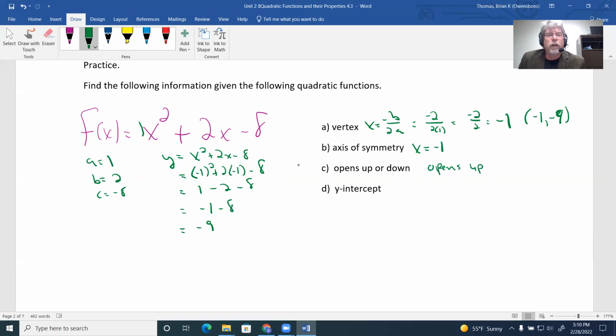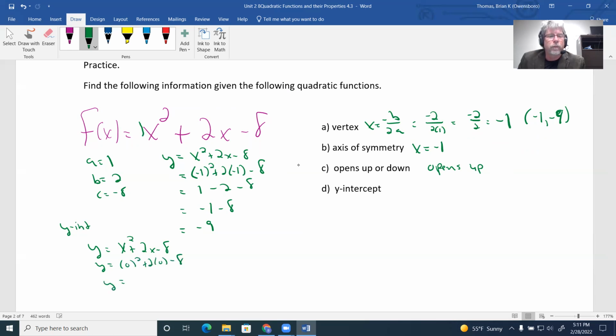To find the y-intercept, we have to set x equal to 0. So again, we have y equals x squared plus 2x minus 8. So y equals 0 squared plus 2 times 0 minus 8.